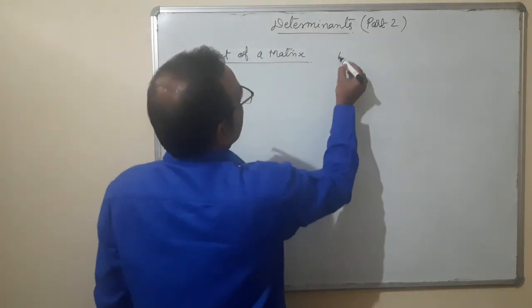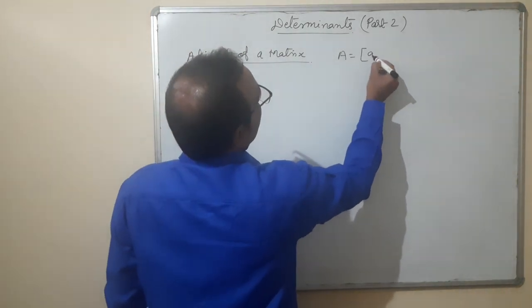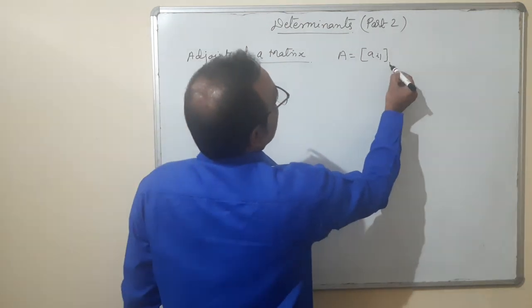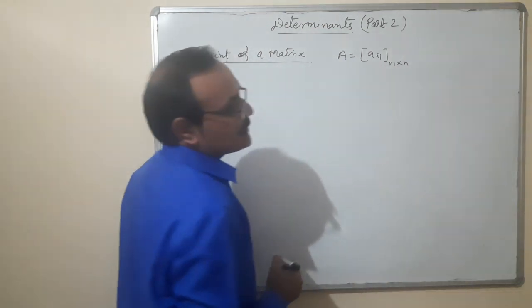Suppose there is a matrix A, Aij, n cross n, rows and columns are the same, a square matrix.